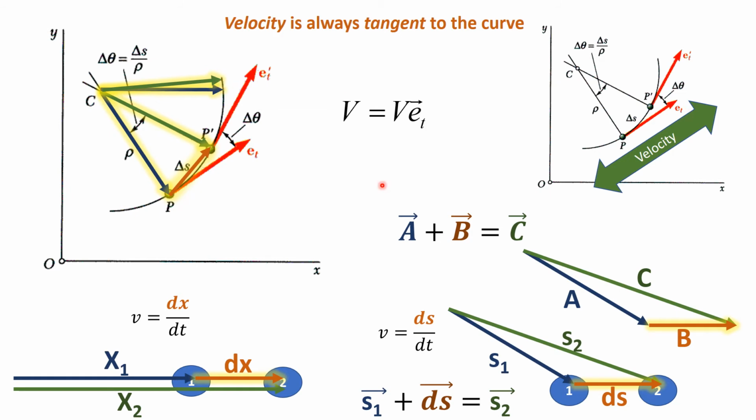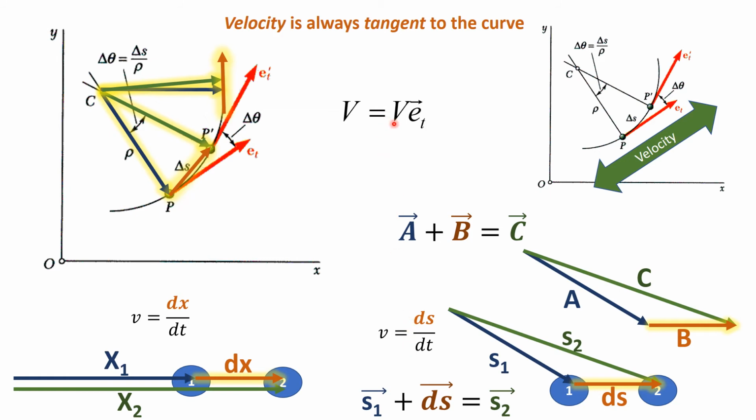As these vectors get closer and closer together, what direction is change in our arc length in, ds? What direction is ds in? Hopefully you can see that these skinny little slices of pizza, our ds goes tangent to the curve. So that's why our velocity is always tangent to the curve, is because of how we're just adding these vectors together.